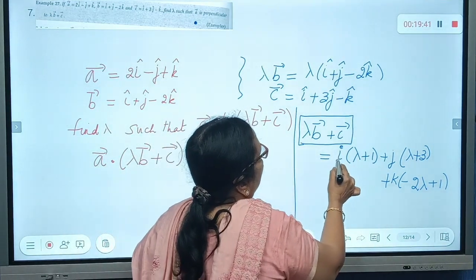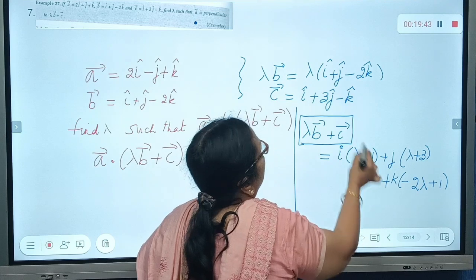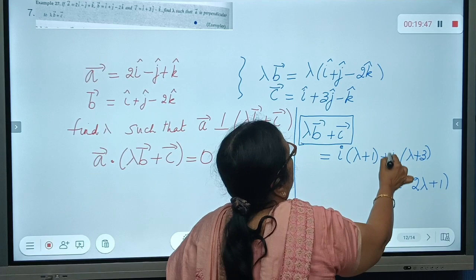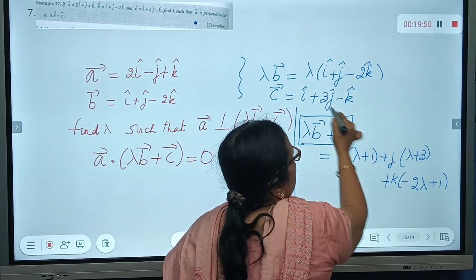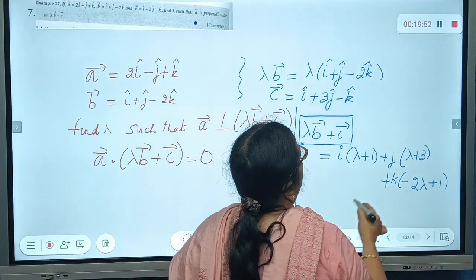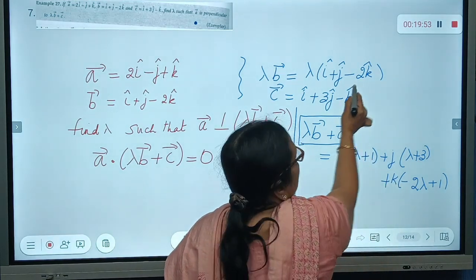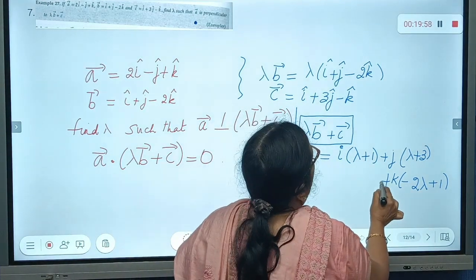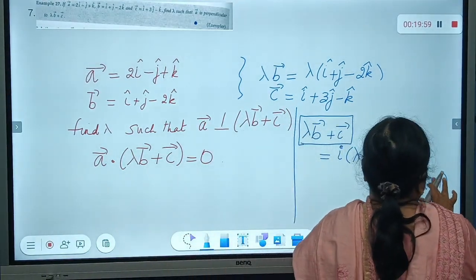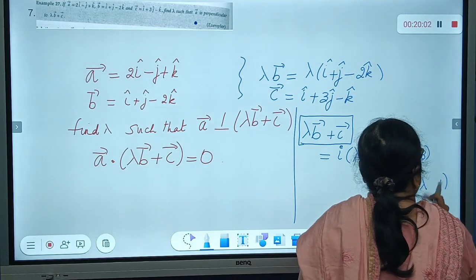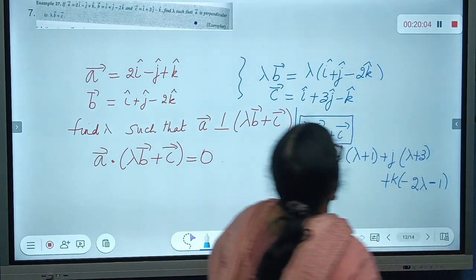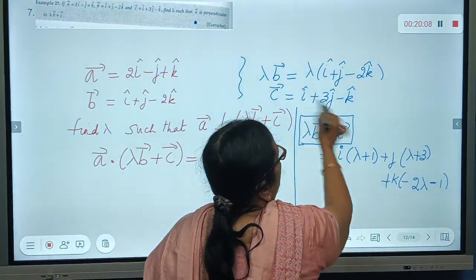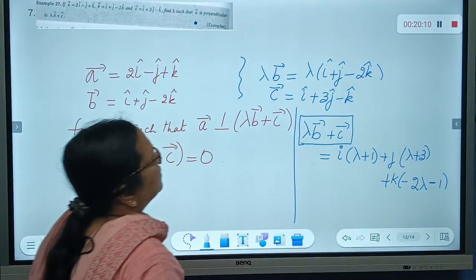The coefficient of i will be lambda plus 1, plus j into lambda plus 3, plus k into minus 2 lambda. Since I have taken out k outside, I will get minus 1, so minus 2 lambda minus 1.